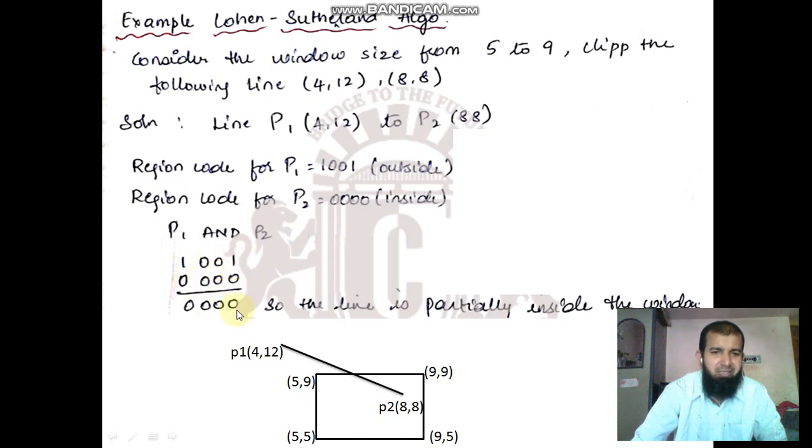In an AND operation, if both are 1, then the output is 1. If any one is 0, then the result is 0. So 1 and 0 is 0, and 0 and 0 is 0. Otherwise it's 0. So if you get all 0, the line is partially inside the window.